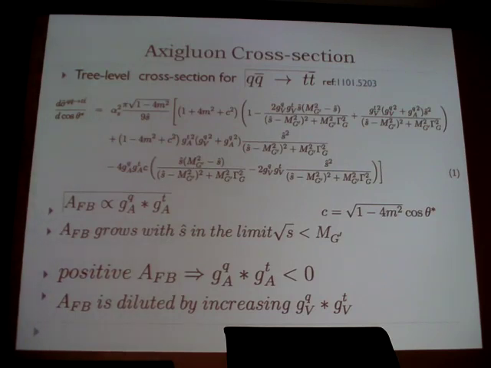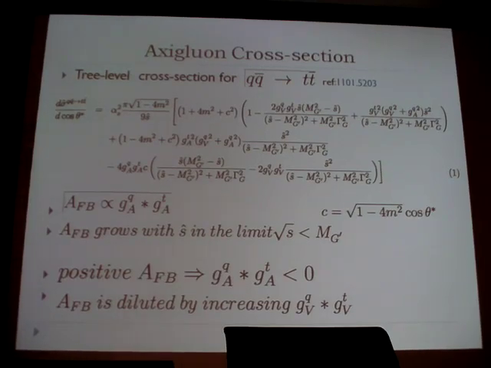We choose GLQ larger than 0 and GRQ equal to 0, since GAQ is GLQ minus GRQ. Similarly, we have GLT larger than 0 and GRT equal to 0. So the Axigluon only couples to the left-handed quarks.